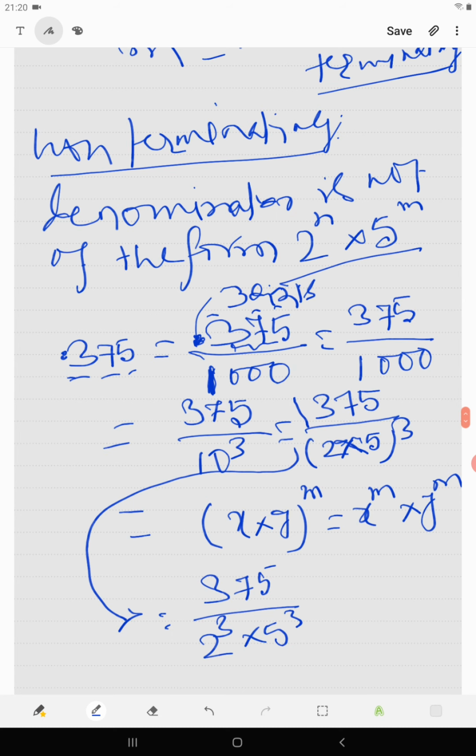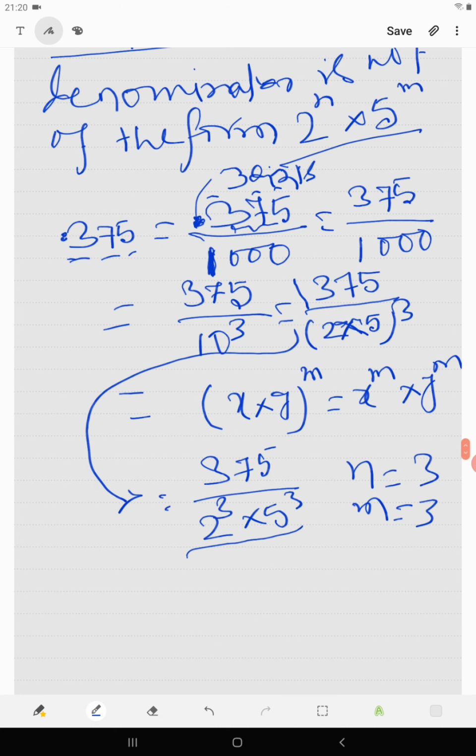Now look over here. In the denominator, we have 2 to the power n into 5 to the power m. So here n equals 3 and m equals 3. So it's a terminating decimal, of course, because 0.375 we already took as terminating. But from this fraction also, we have determined that it's a terminating decimal.